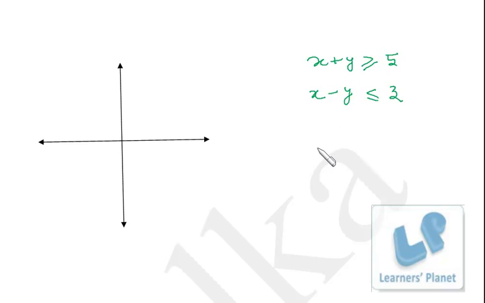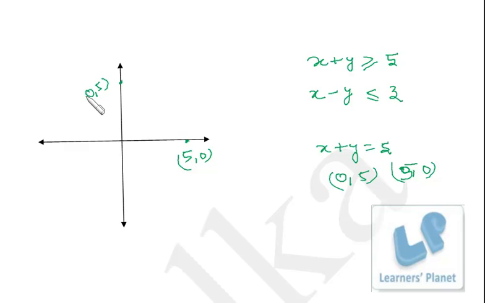First of all, we draw the line for x plus y is equal to 5. So when x is 0, y is 5, and when y is 0, x is 5, right? That means this line will pass through 0, 5 and 5, 0. So this is the line. That's 5, 0, and that's 0, 5. So I just draw the line.